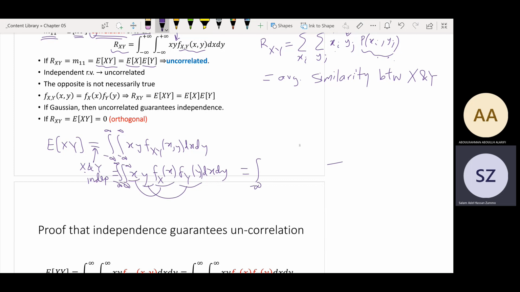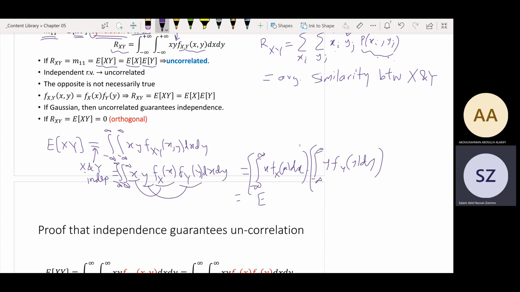I can have minus infinity to infinity, x PDF of x, multiplied by another integral, minus infinity to infinity, y PDF of y. But what is this equal to?